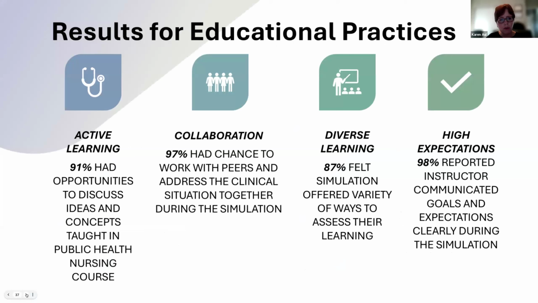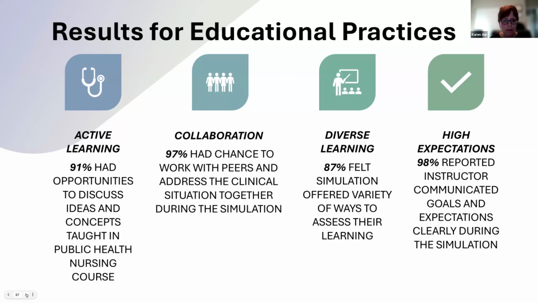So in further breaking down these results to see what each practice scored, you can see active learning. 91% of students reported having opportunities to discuss ideas and concepts that were taught in the public health nursing course.